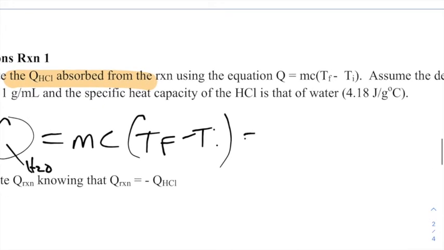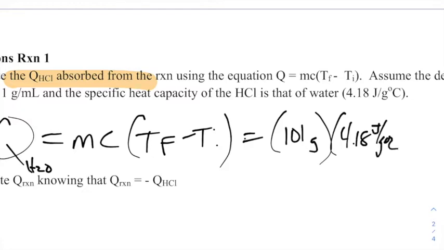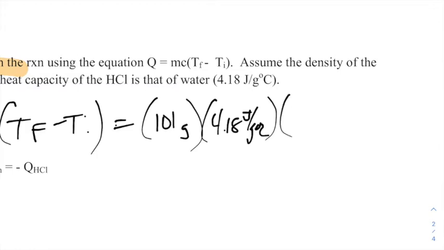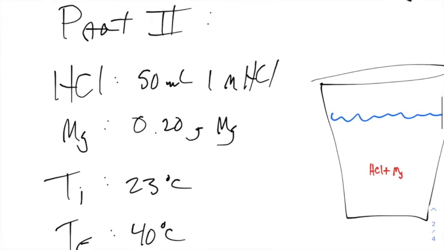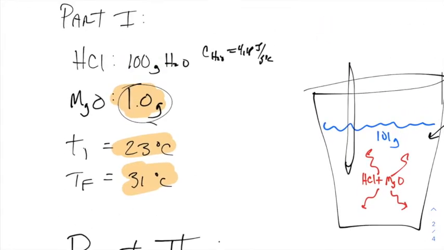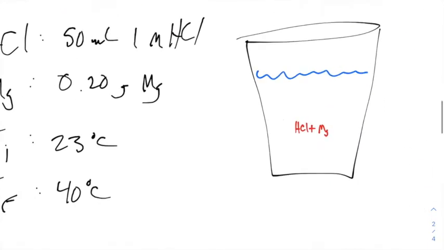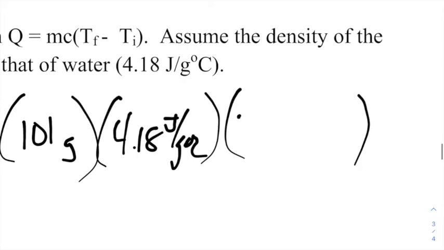So, like I just said, our mass we're going to put as 101 grams because we've got the 100 grams of the hydrochloric acid. It's probably not exactly 100 grams, but it's pretty close. And the 1 gram of the magnesium oxide. We're also going to assume that it's 4.18 joules per gram degree Celsius because, again, it's mostly water. And then the temperature change, that's part 2, is the 23 to 31. And so our temperature change is going to be 31 minus 23 degrees Celsius.